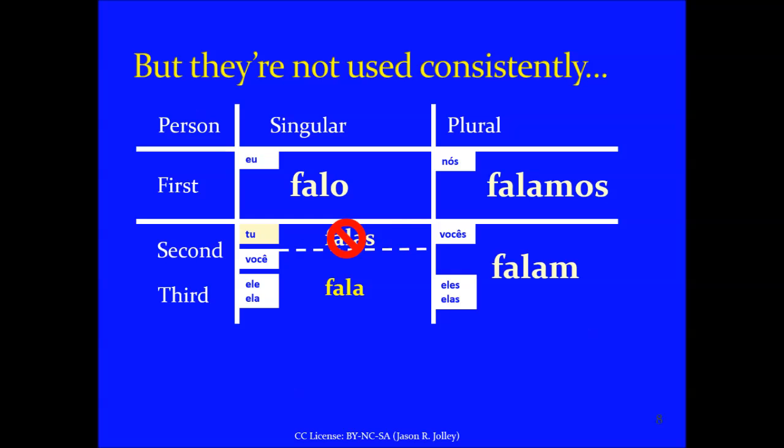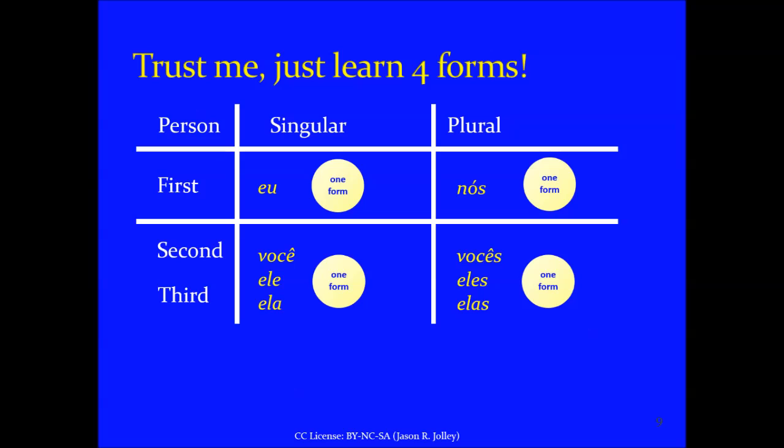But they're not used consistently, even in regions where people use that pronoun, except in careful speech. So again, there really is no reason to learn any more than 4 forms of any given verb, which is the approach that we'll follow in the rest of this lesson.